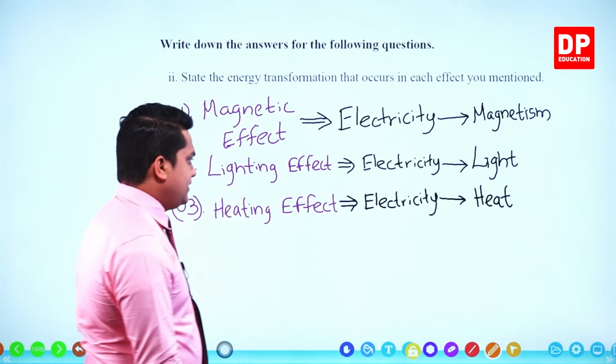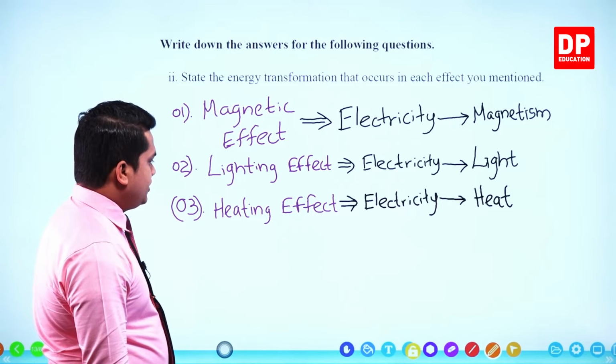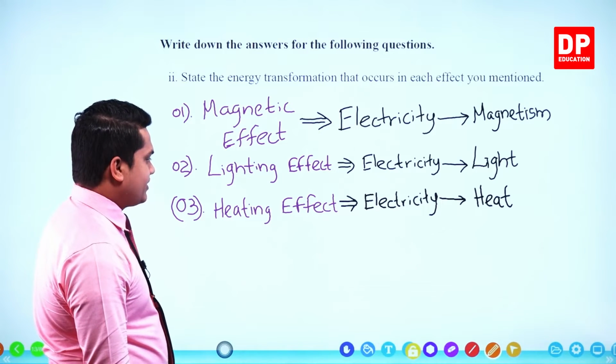Electricity to heat energy in heating effect.